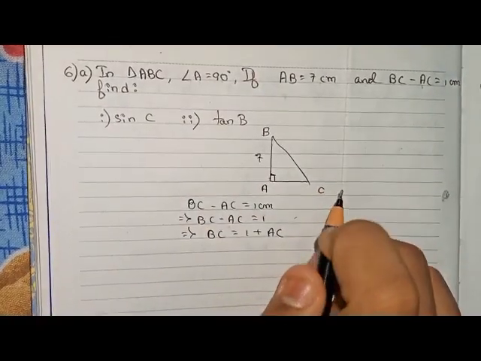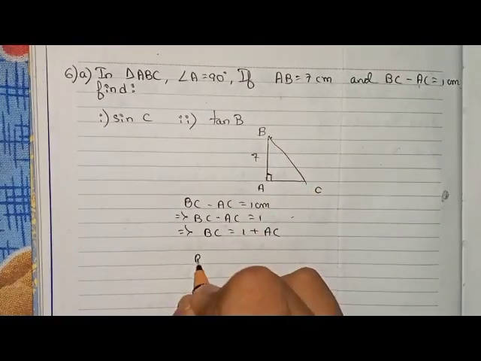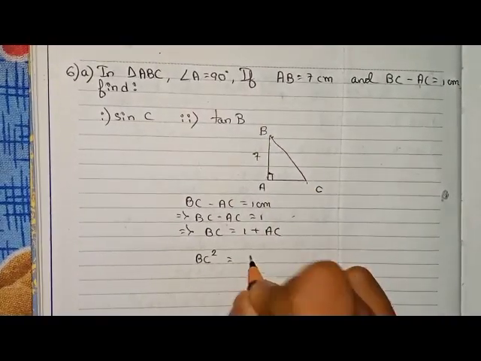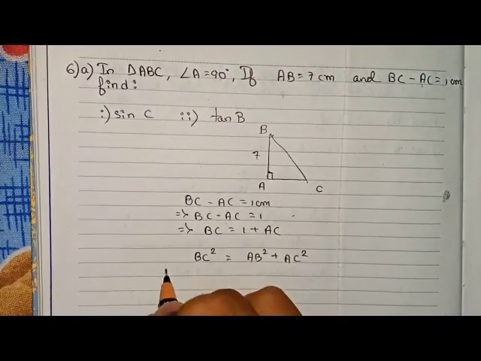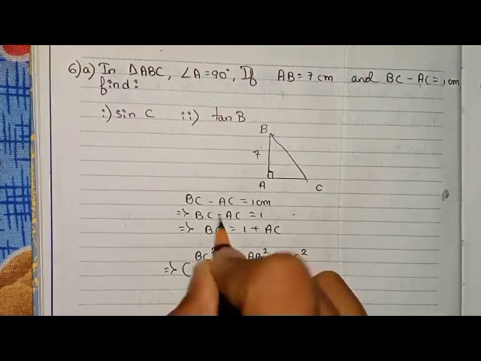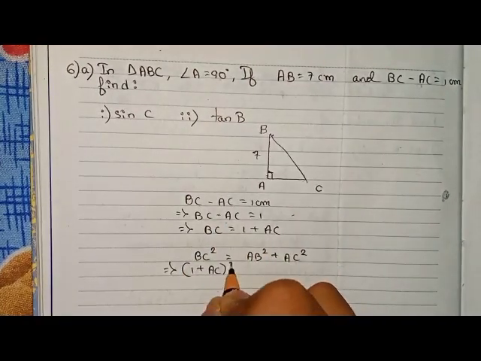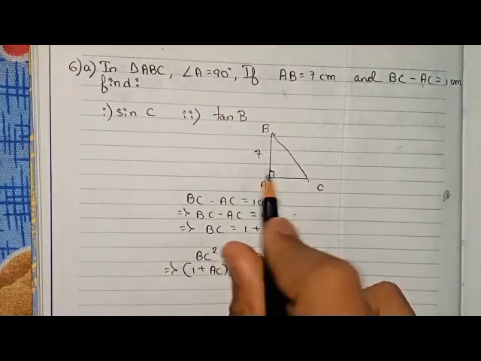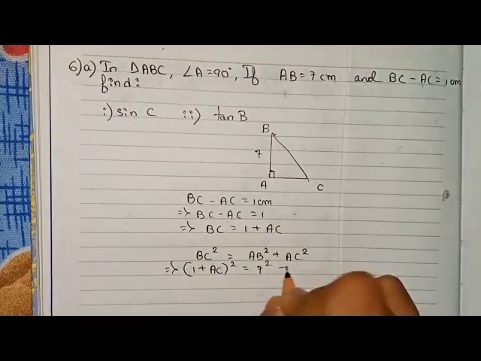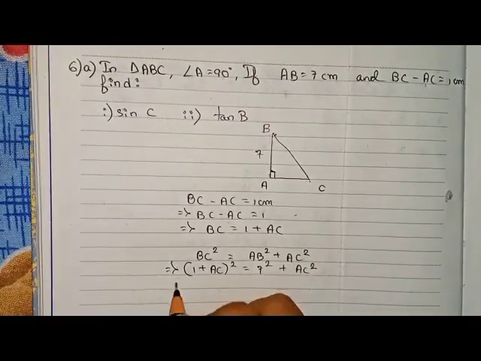So now you apply the Pythagoras theorem. Hypotenuse, that is BC square, is equal to AB square plus AC square. So BC we have taken as 1 plus AC. So we write 1 plus AC whole square is equal to AB square, so AB is 7 square, plus AC square. We write AC square only here.